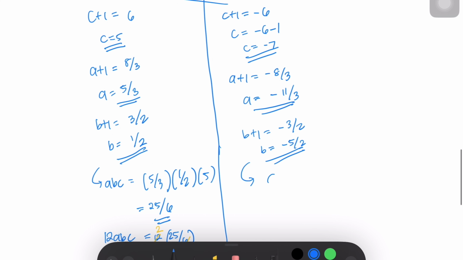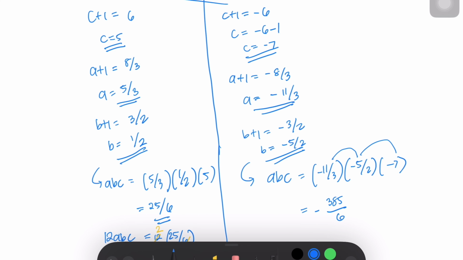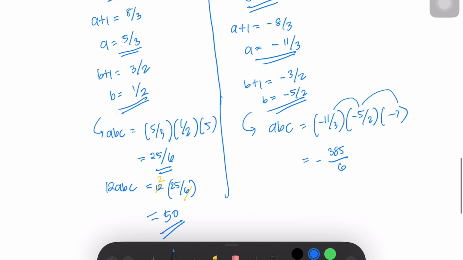Therefore, abc in this case should be negative 11 over 3 times negative 5 halves times negative 7, which is equal to 11 times 5 times 7, that's 385, but this is negative over 6. Therefore, abc in this case is negative 385 over 6.